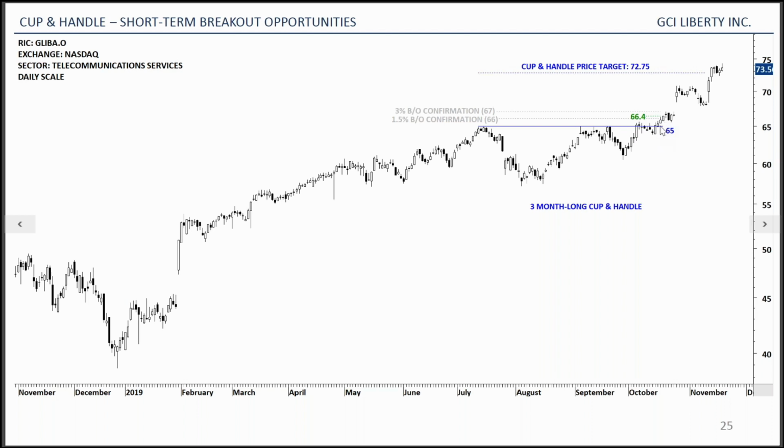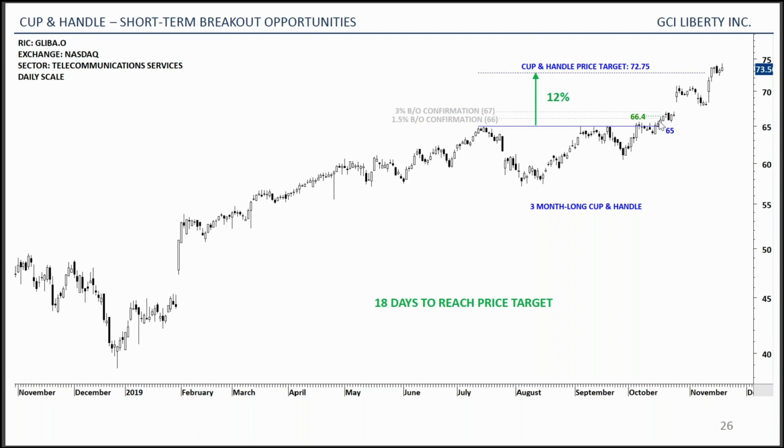Now, the breakout confirmation could have been much earlier for other traders and investors. As I said, it's a trading tactic. You can apply 1% breakout confirmation or 2% breakout confirmation. But what I want to differentiate here is that with weekly scale price charts and breakouts, you have to allow a little bit more margin rather than being too aggressive, because weekly scale price charts will allow you more upside potential.